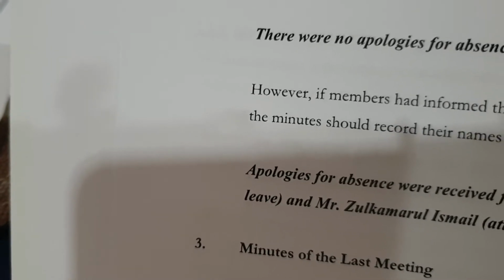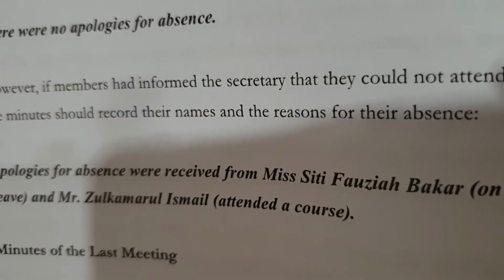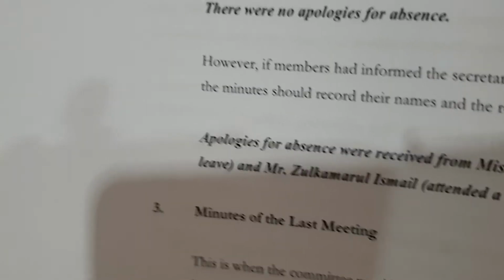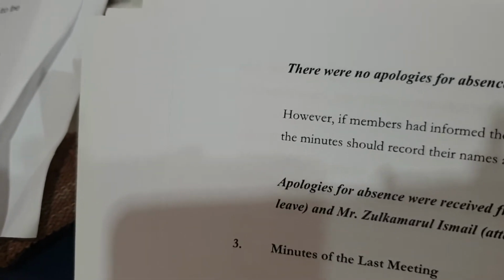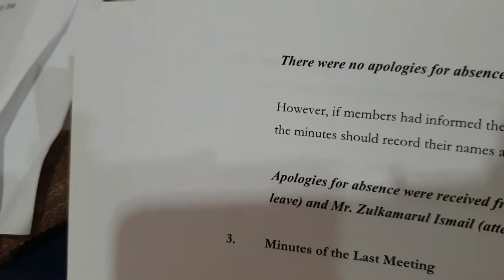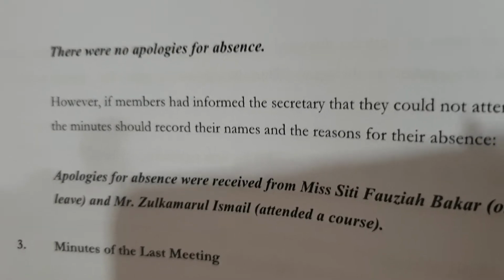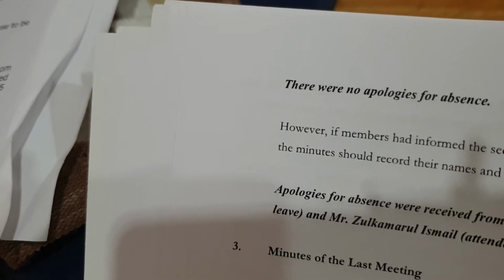apologies, because two people were absent. One, Fauzia, and two, Zulkamarul. So that's why we have apologies. If only one person was absent, let's say only Siti Fauzia was absent from the previous meeting, then apologies will become apology for absence.